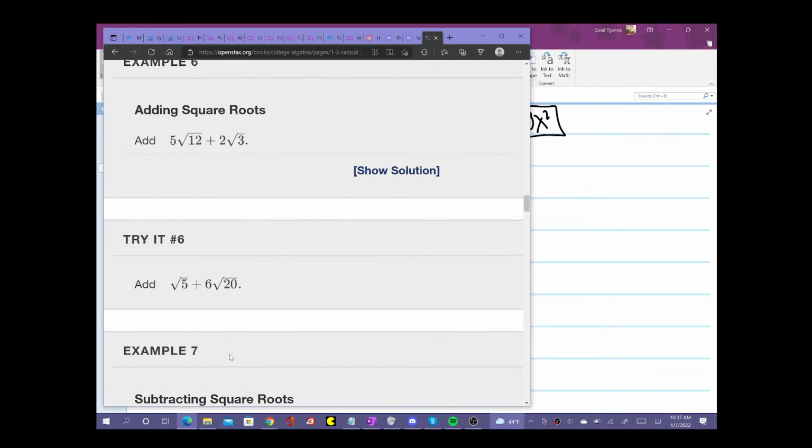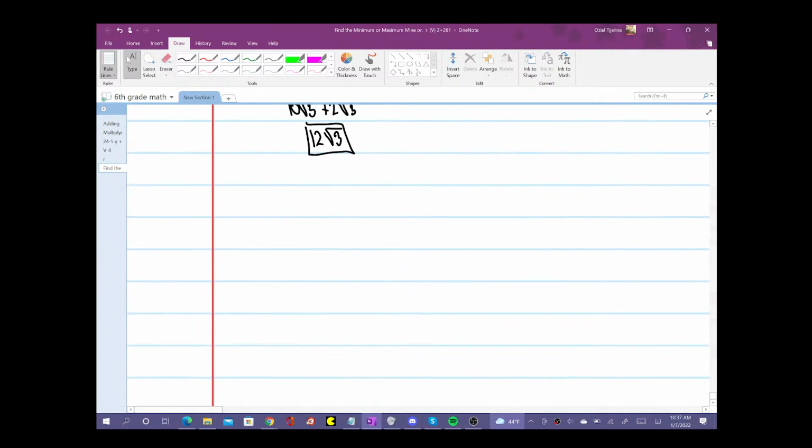What about the square root of 5 plus 6 square root 20? We can try this one. This is the square root of 5, because we can't do anything with that. This is irrational.